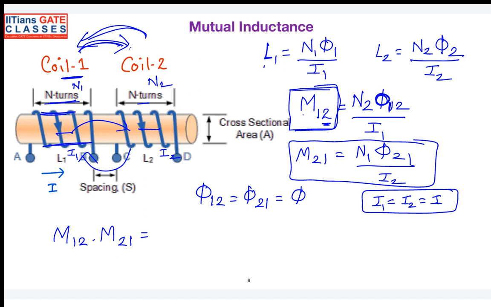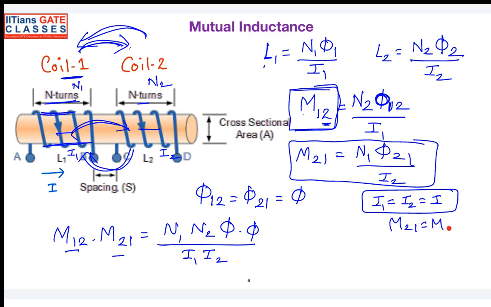You get N1, N2, phi 12 is the same as phi 21, so I can call it phi itself, phi into phi divided by I1 into I2. When the flux from 1 to 2 remains the same from 2 to 1, your mutual inductance is also the same. So M12 will be the same as M21.